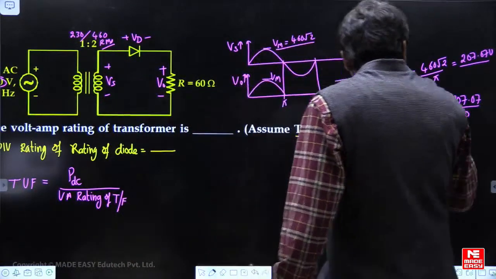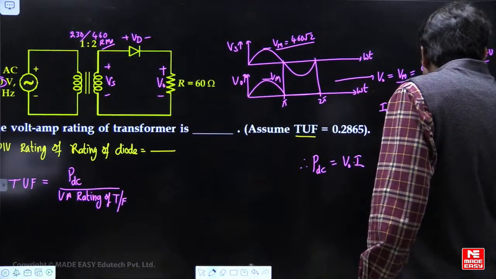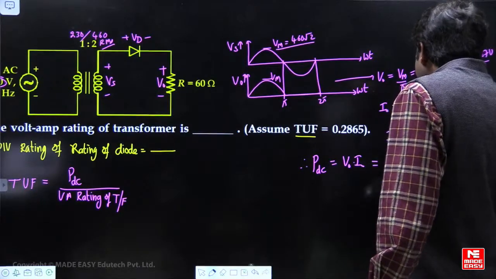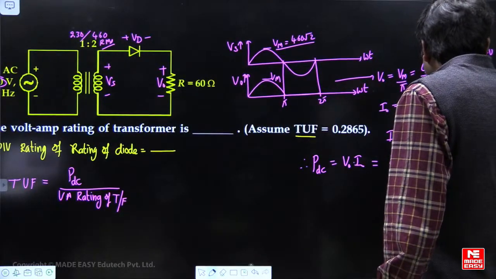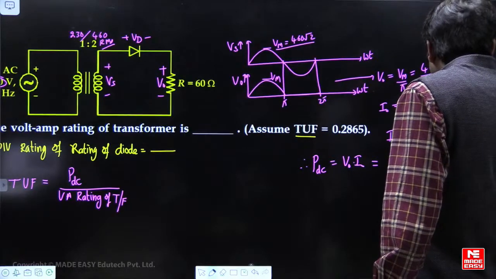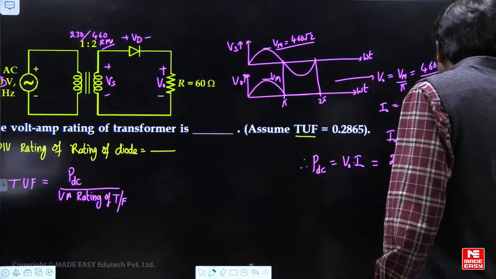3.45 amperes. So what is the power due to the DC component? V0 is 207.07 into 3.45 amperes.